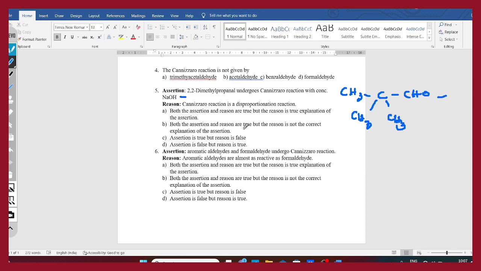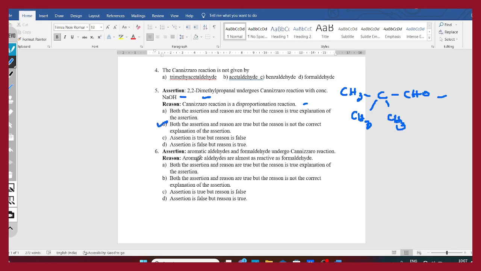Both assertion and reason are true, but reason is not the correct explanation of the assertion. Assertion is true, but reason is false. Assertion is false and reason is true. So here both statements are correct, but the reason is not the correct explanation of the assertion. So the answer is B.